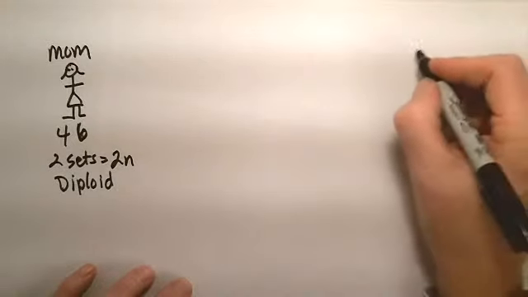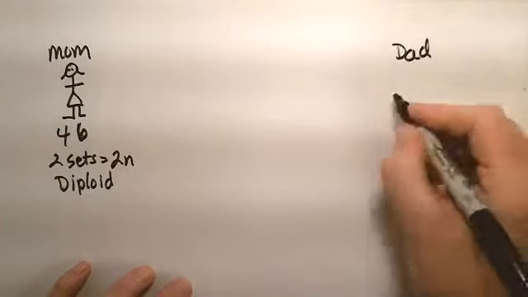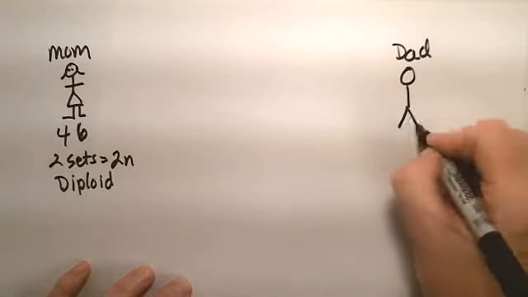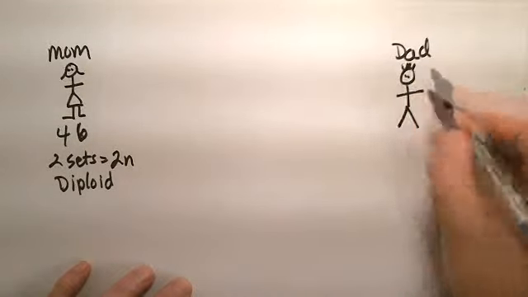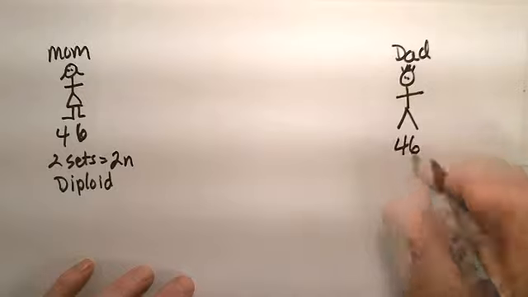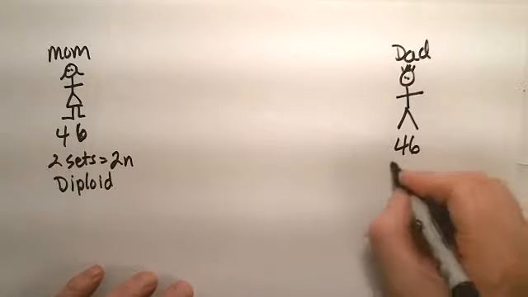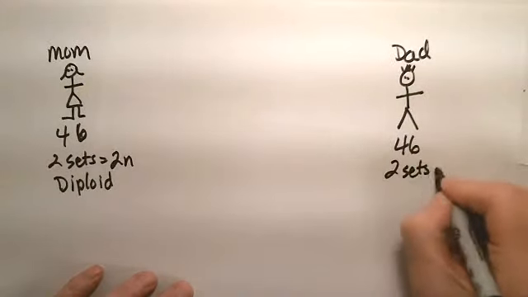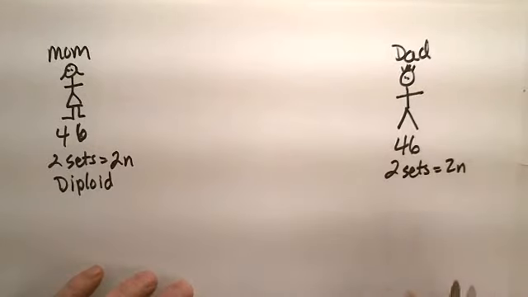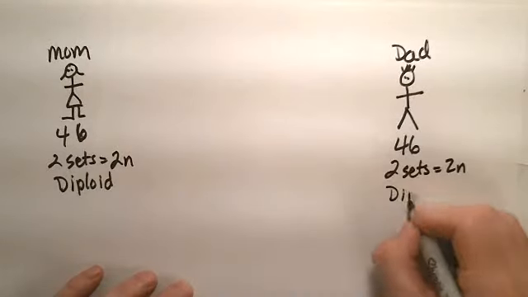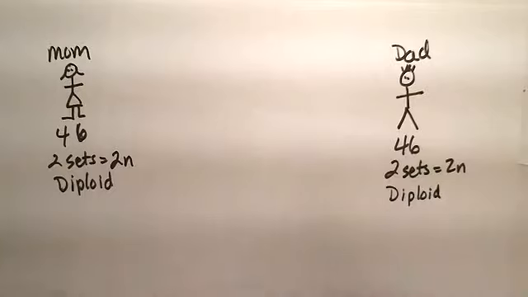Now, dad, on the other hand, there's dad. He also has 46 chromosomes, two sets. So we refer to that as 2N. He's also diploid. Now, they're diploid in all their cells except for one.